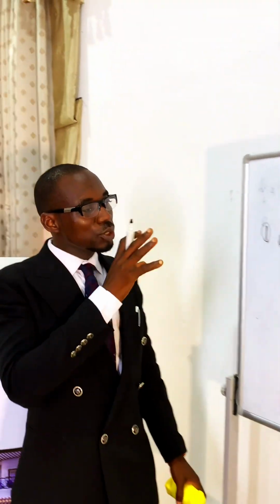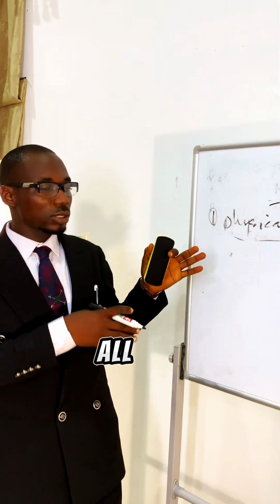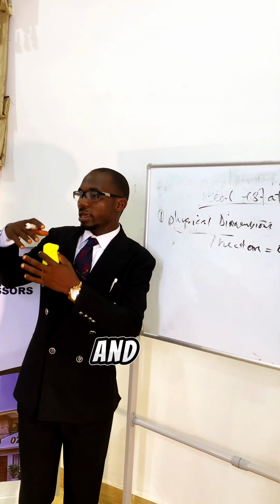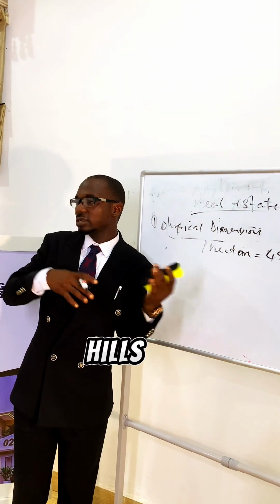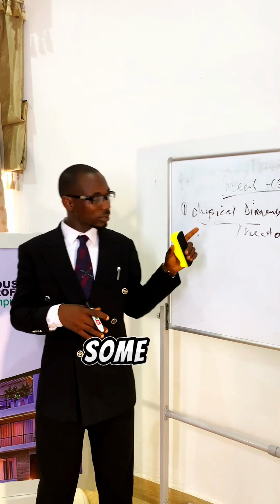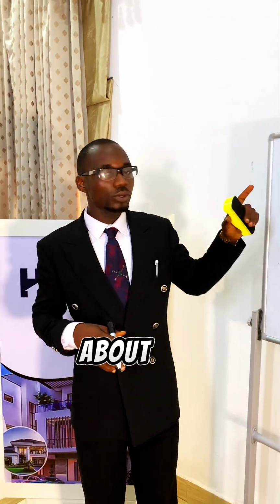So you need to be used to these figures like I have explained. So that's all about dimension. We talk about locations and then maybe something like hills or valleys and all of that. You need to be used to some of these things. So that's all about physical dimension.